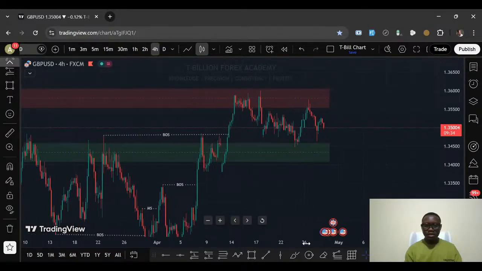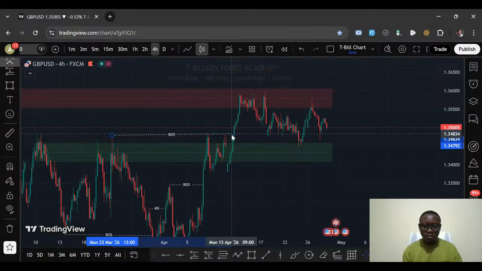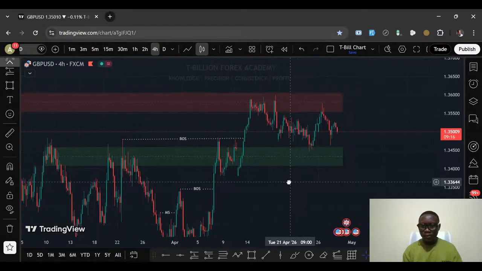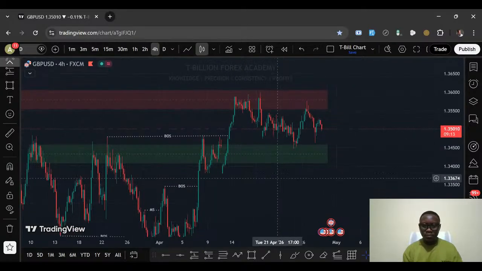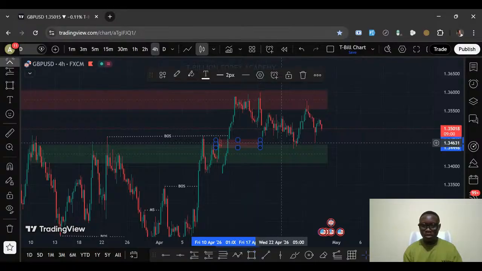So we got our break of structure. This is our inducement, and price tapped into this breaker block right here, this 4H breaker block.